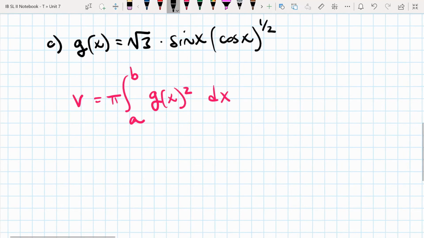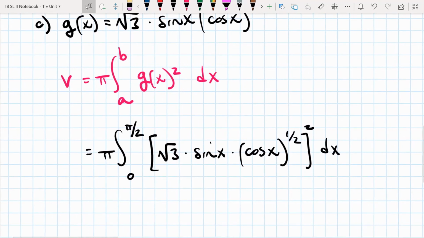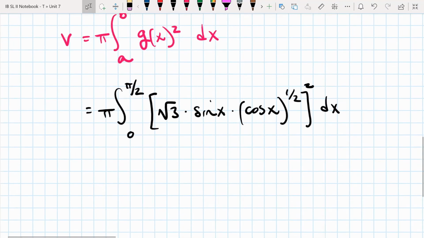Let's plug this function into the integrand. Pi integral from 0 to pi over 2, and we're going to take this whole thing and then square it. The square root of 3 times sine of x times cosine of x to the 1/2, squared, dx. Before we try to integrate this, let's distribute this square to all of these terms.